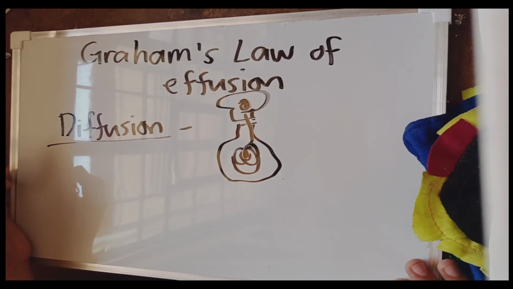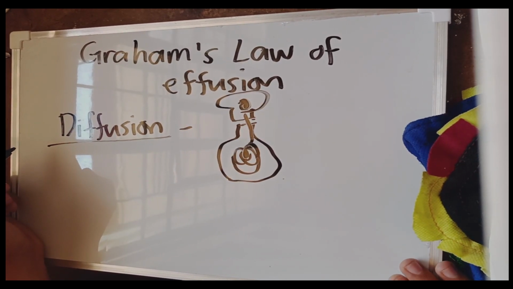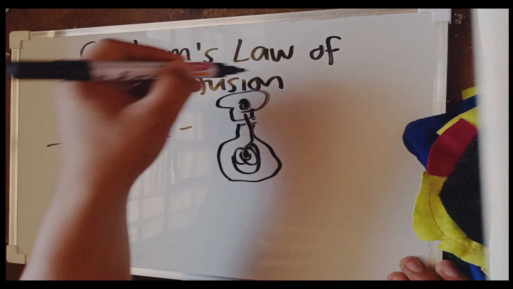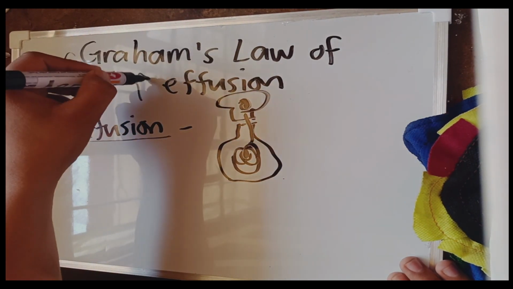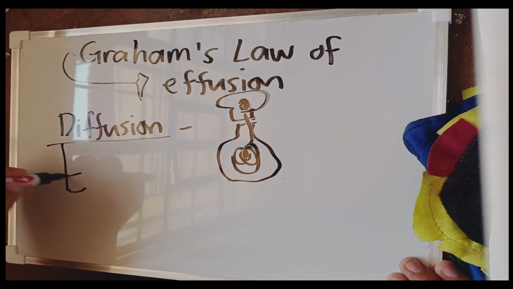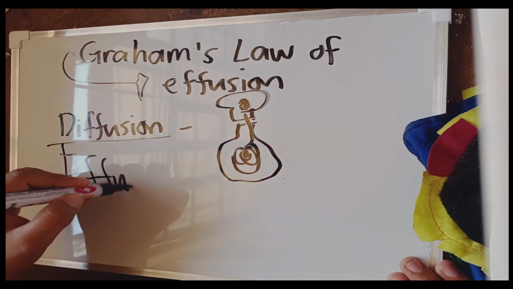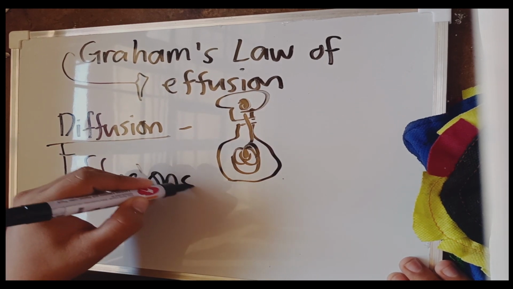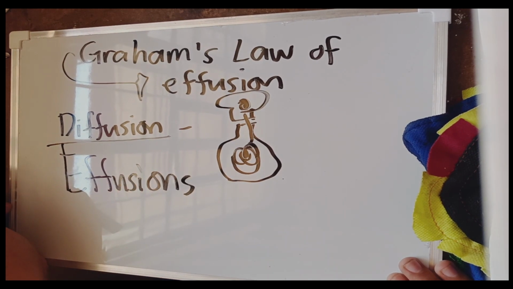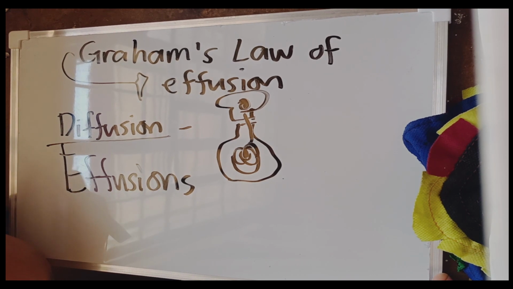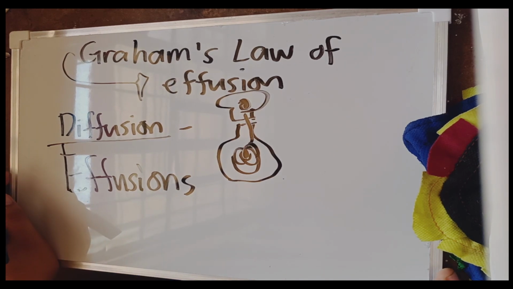So when we talk about effusion, that is another word, which is part of Graham's law of effusion. Effusion is a process by which gas molecules pass through a very small opening from a container of higher pressure to an area of lower pressure.